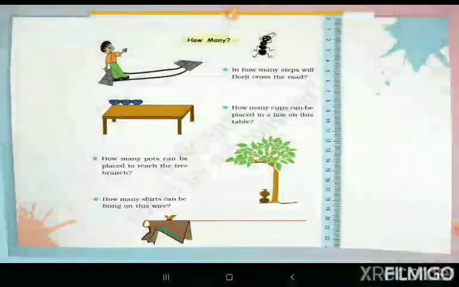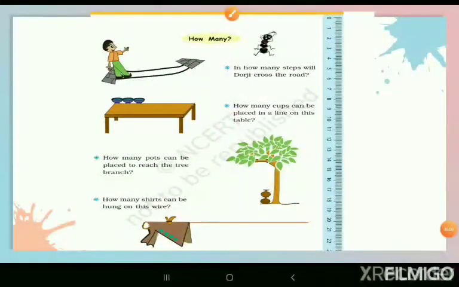Come to the next page. Here we are just going to complete the picture and find how many. For the first one, in how many steps will Dorji cross the road? So two steps are already shown, so you can draw pictures of another shoes, 3, 4, 5, 6, like this. You complete the picture and find how many, and you can write your answer here.